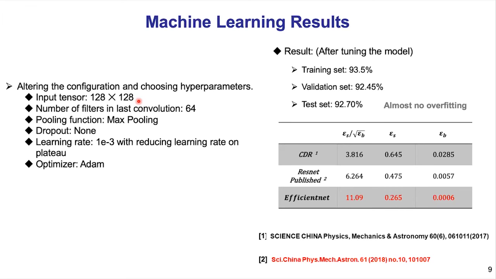And the next is the number of filters, which we did a lot of work on. That is because, unlike the traditional image classification task, our task is to classify physical reactions, which does not have so many features for us to choose from.